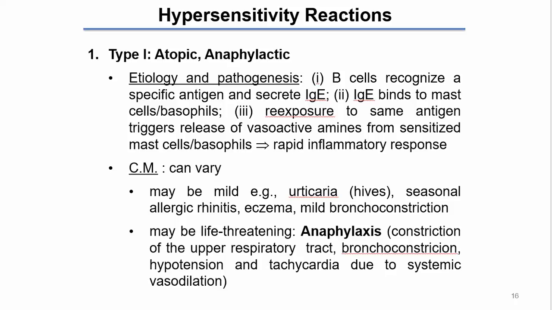And anaphylaxis is bronchoconstriction of the entire pulmonary tract. It also will lead to hypotension, a systemic vasodilation that drops blood pressure. And that drop in blood pressure will manifest as increased heart rate, so tachycardia. So this can be a very dangerous thing.